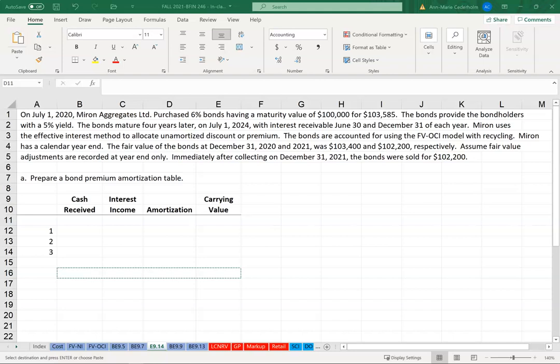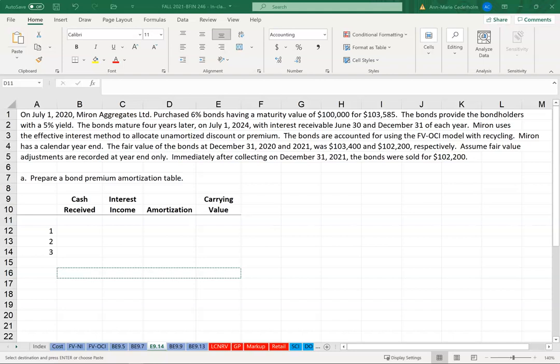The bonds mature 4 years later on July 1st with interest receivable June 30th and December 31st of each year. Myron uses the effective interest method to allocate unamortized discounts or premiums. The bonds are accounted for using the fair value OCI model with recycling, and Myron has a calendar year end. So I'm just going to stop there.